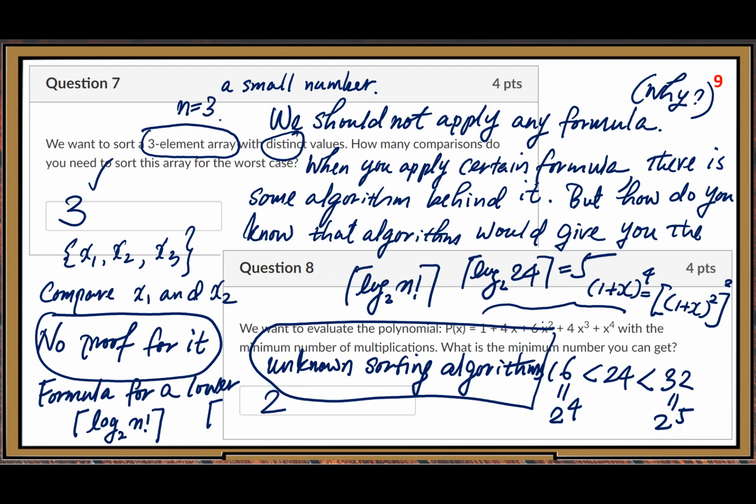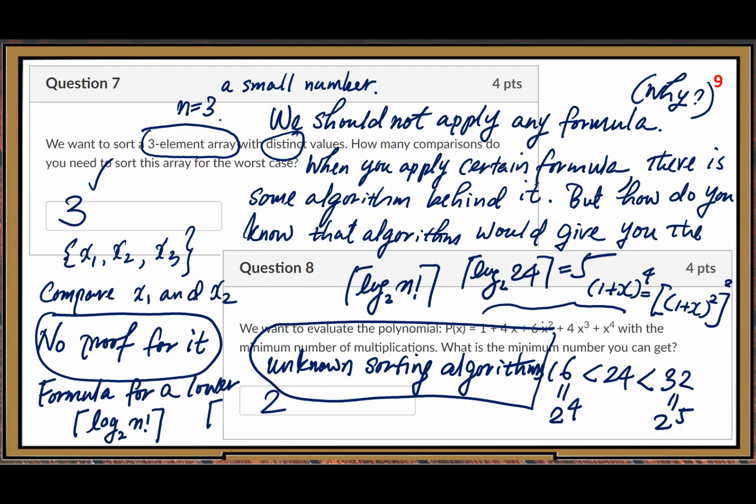Because for an unknown algorithm, think about this. Since it's unknown, nobody knows the details, right? When we talk about certain unknown algorithms, nobody knows the details of those unknown algorithms. How can you study those unknown algorithms without knowing the details?